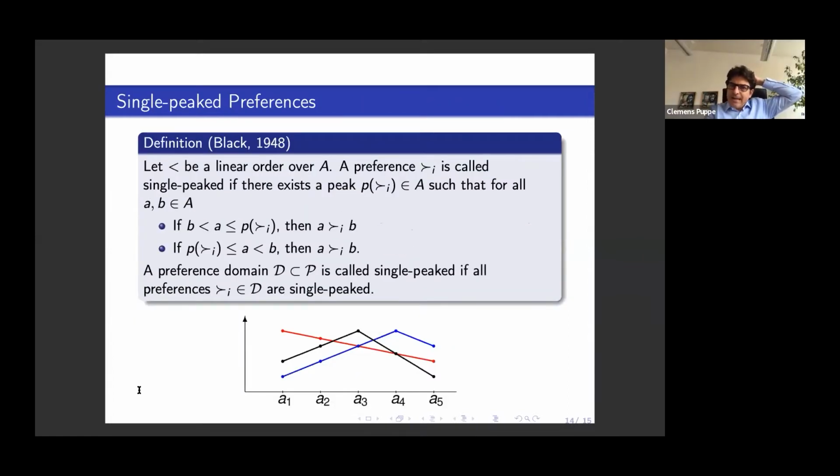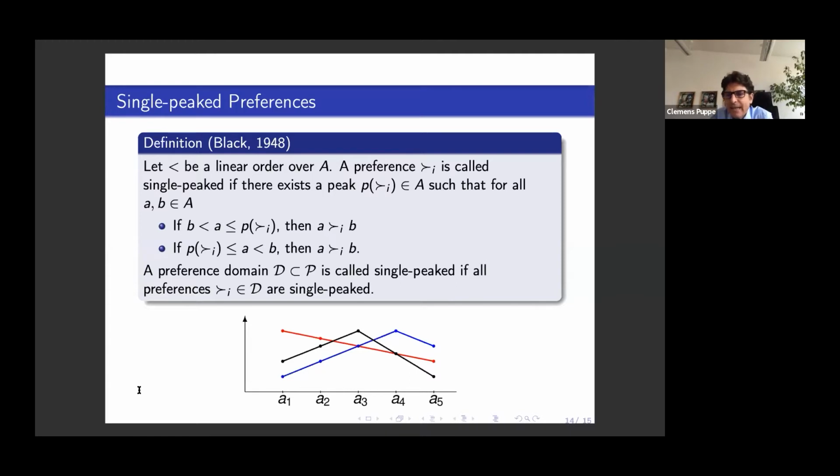Now, remember that we had one case in which the problems disappear, so to speak. The Arrow problem disappears, but also the problem of strategic manipulation disappears. And let me briefly talk about that case of single-peakedness again.